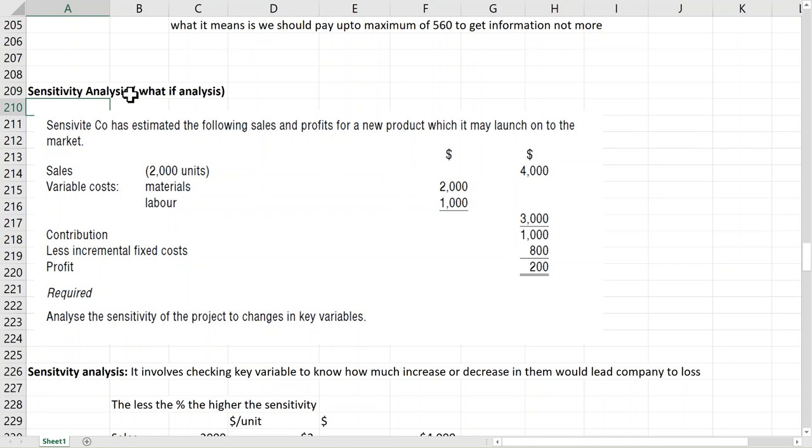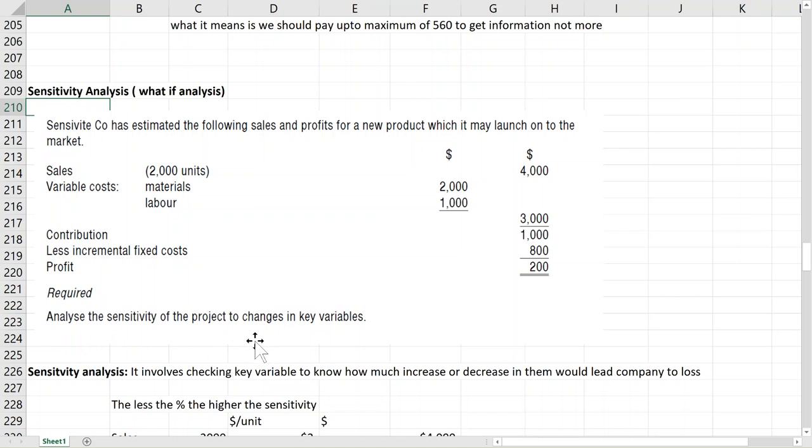So in sensitivity analysis, we want to know how sensitive each variable is. The more sensitive it is, the more chance that if they change, we will make a loss.